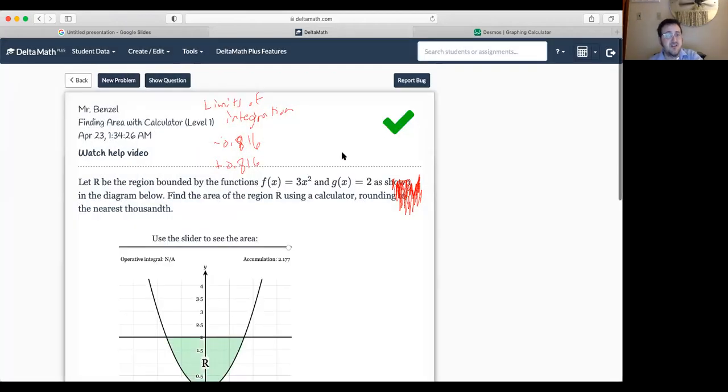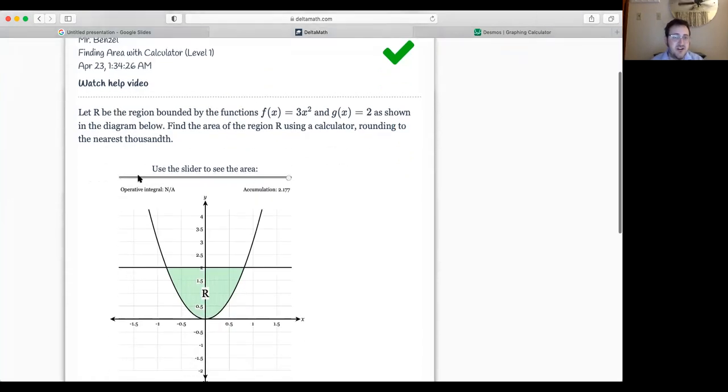And we are good. One thing that I really like is that you can interactively see the area accumulation. As we move right in x value, you can see that it starts showing the accumulation of the area, and we get to about 2.177, and that completes it.